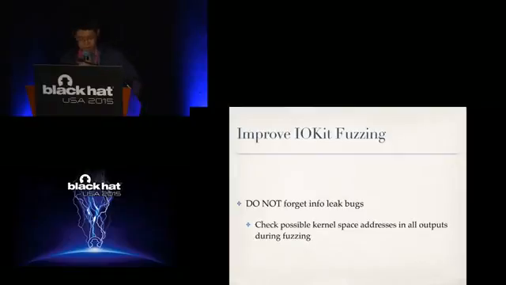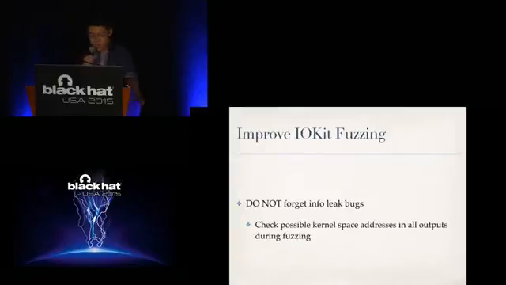Another tip is that information leak bugs are really important these days, because if you want to write a working exploit, you need to bypass the mitigations, and the most important mitigation is always ASLR. So what do we do in our fuzzer?